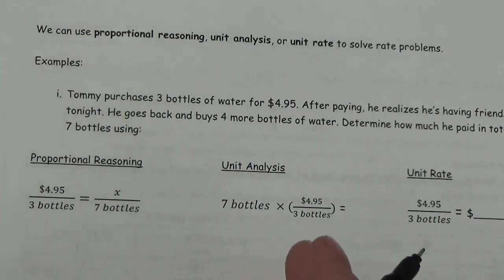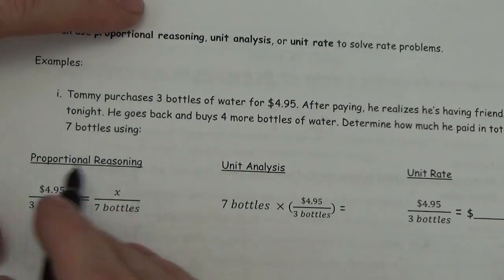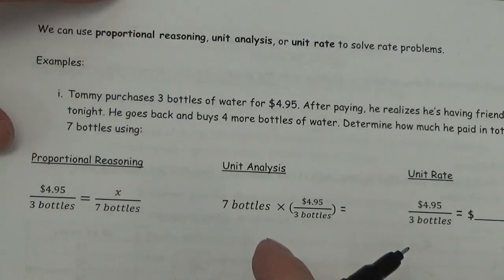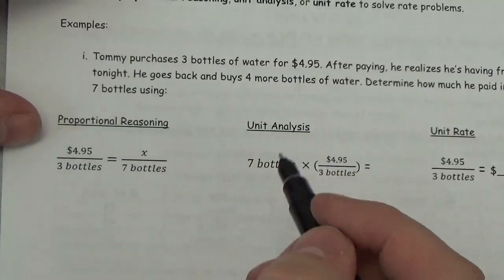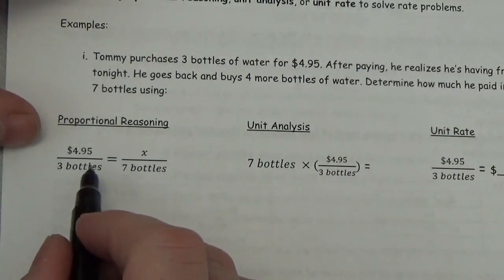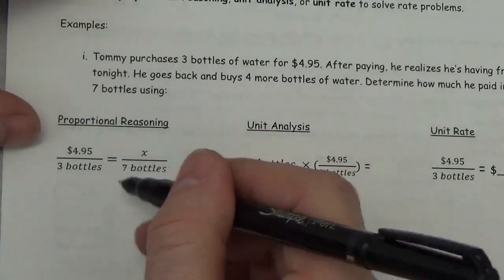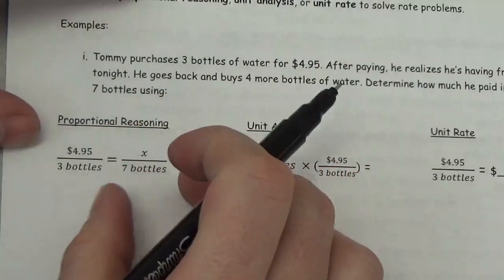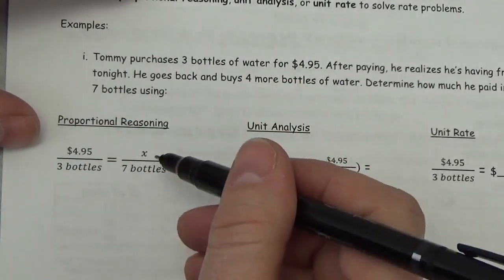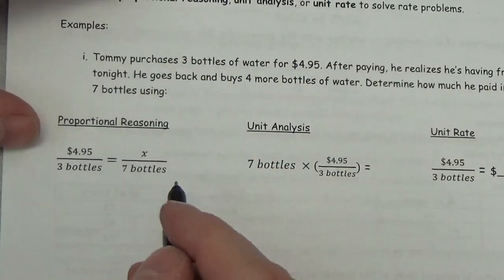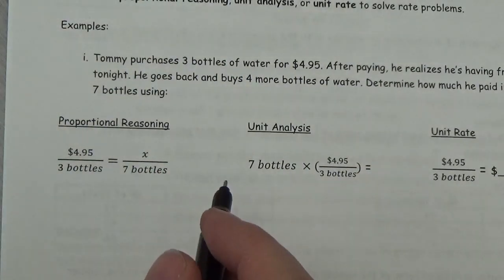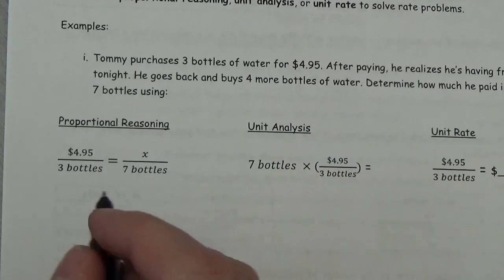Okay, so one way of doing this is to set up proportional reasoning. So we know that it's $4.95 per 3 bottles. So we want to create an equivalent ratio there, but we don't know how much it's going to cost, but we do know it's 7 bottles here. So how do we handle that? Well, what we do is we cross multiply, and you've done this before.